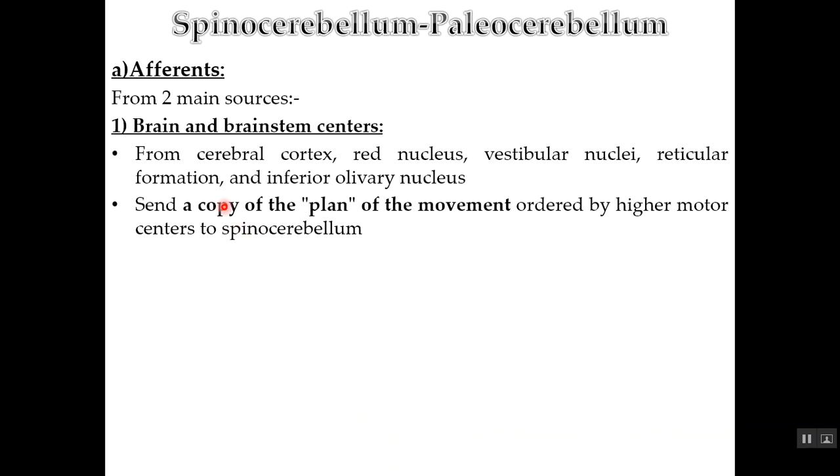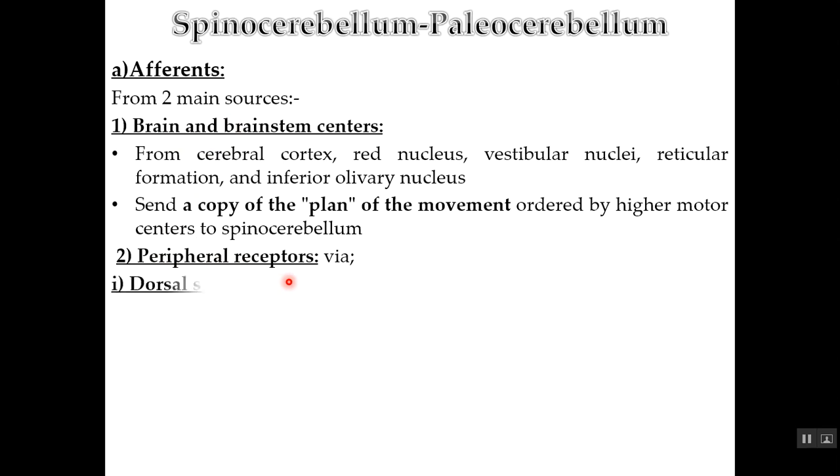This information sends a copy of the plan of the movement ordered by the higher motor centers to the spinocerebellum. So in this case, the spinocerebellum will receive information about the plan of the movement. Number 2, the second source, is the peripheral receptors.